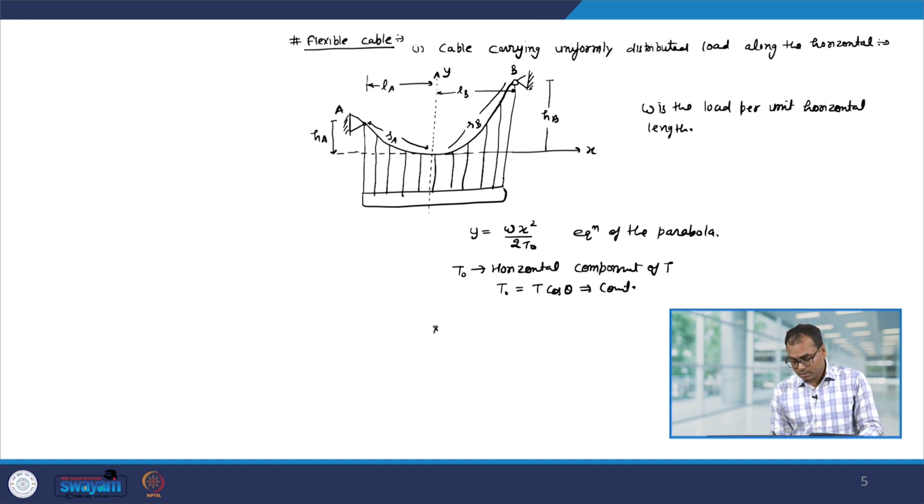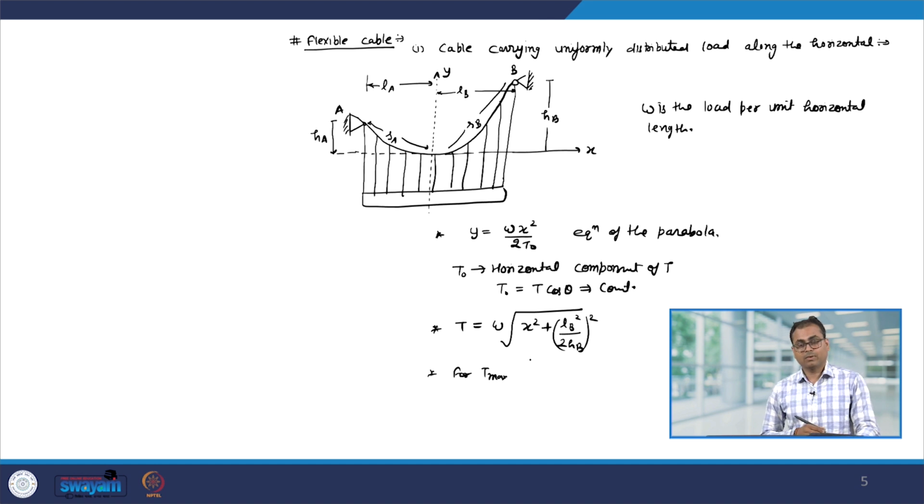The tension in the cable can be found using T equal to W square root of x square plus (LB square over 2 HB) whole square, and for maximum T, my x has to be maximum, and the maximum value of x herein is equal to LB.